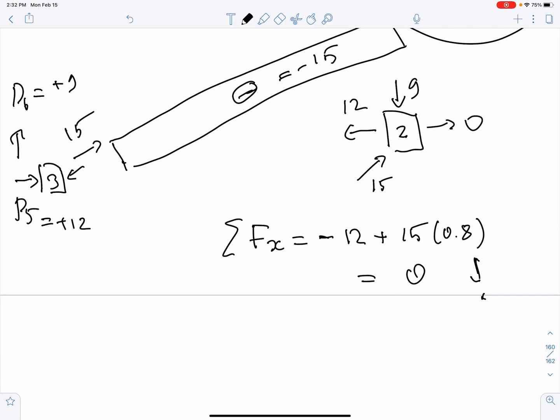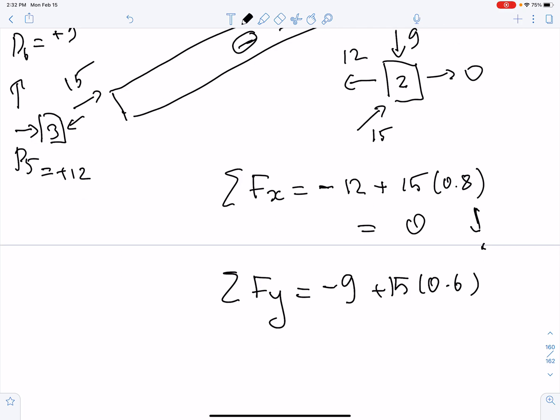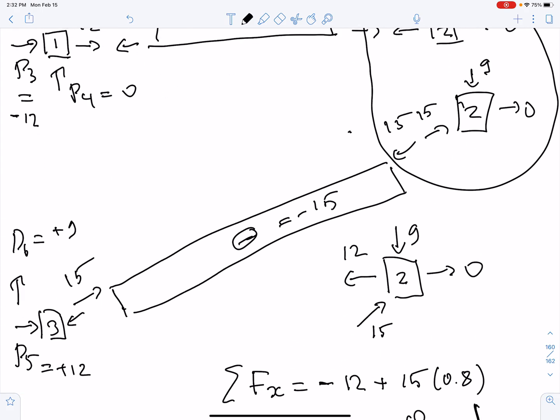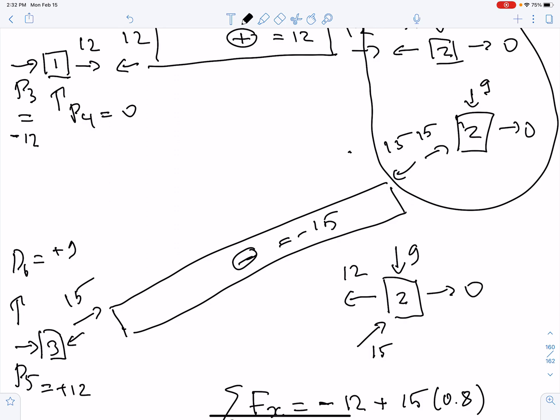Okay. So clearly this node is in balance in the x direction. Fy, I get minus 9, right, plus 15 times the sine of the angle, which is 0.6. I also get a 0. Okay. So you can see that our structural analysis procedure gave us the force equilibrium at this node.